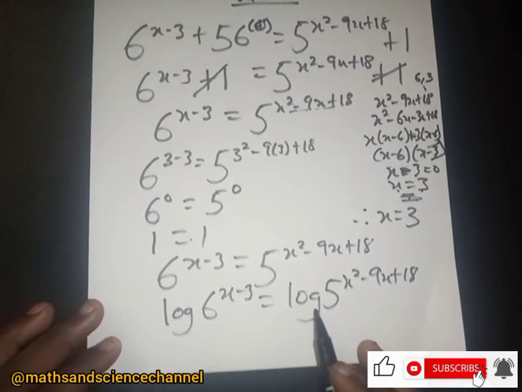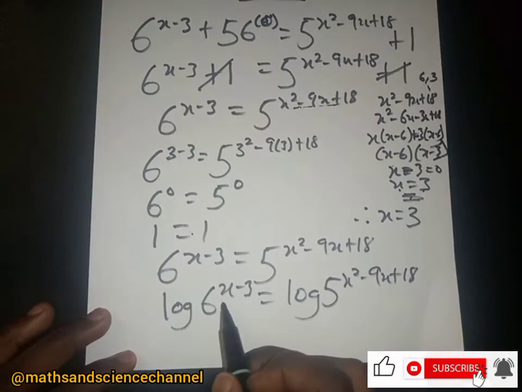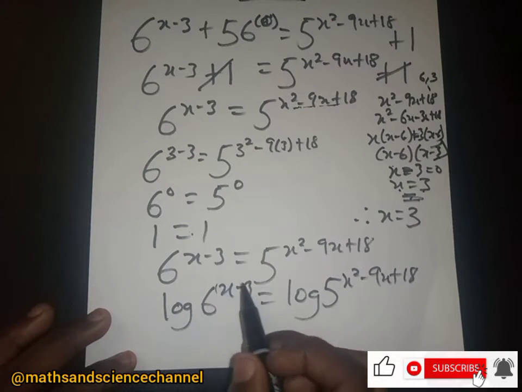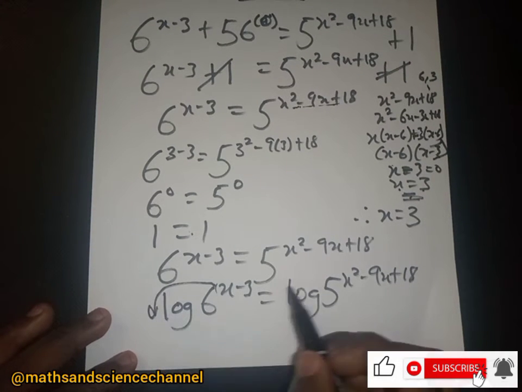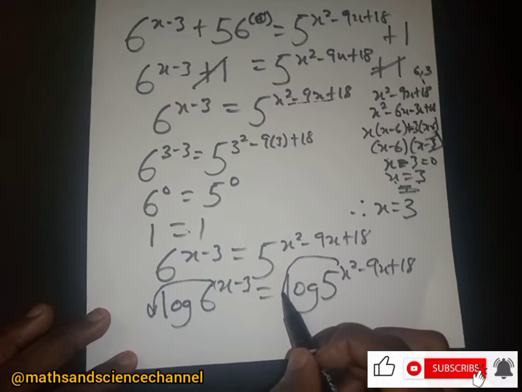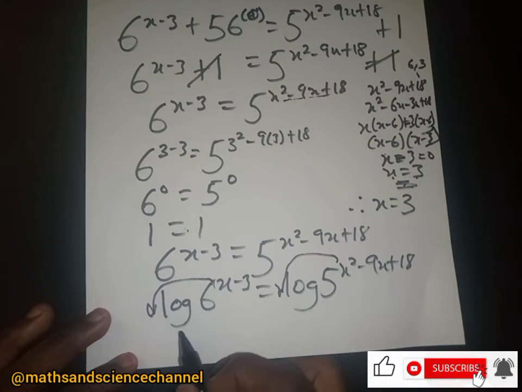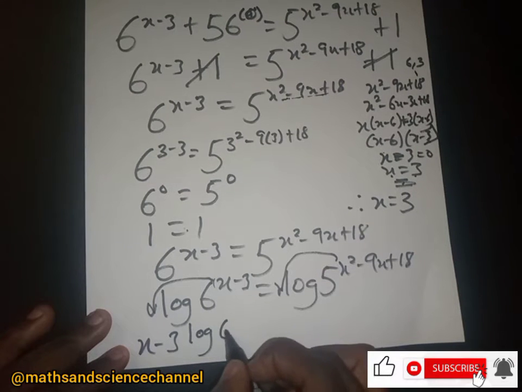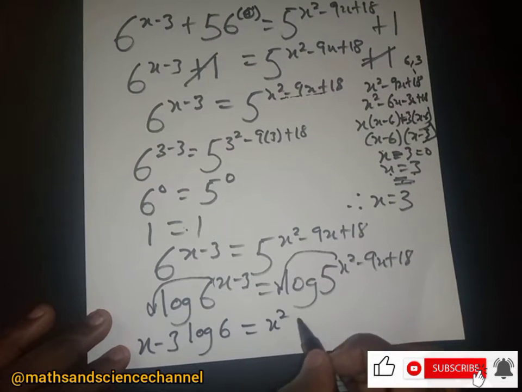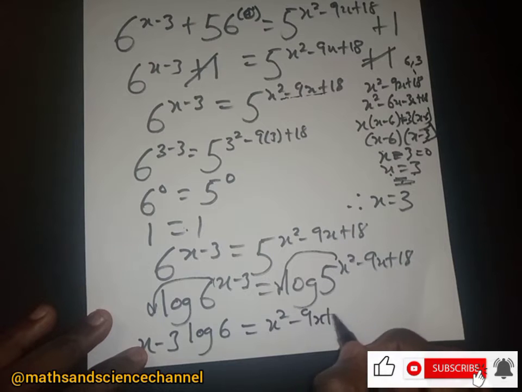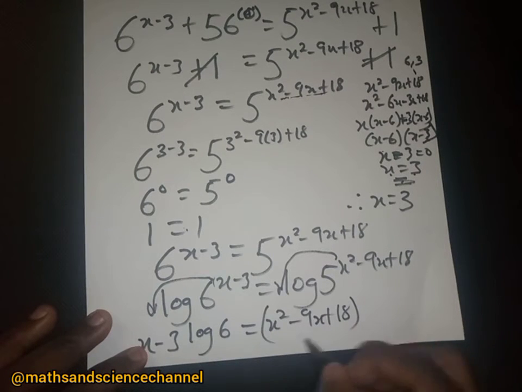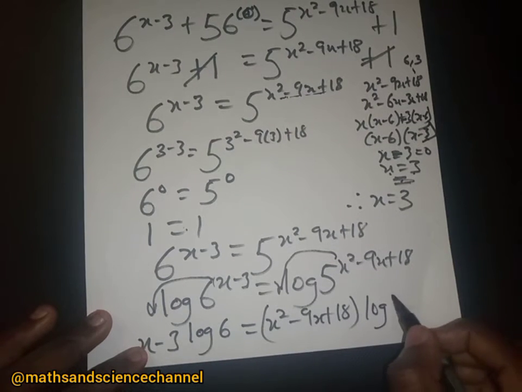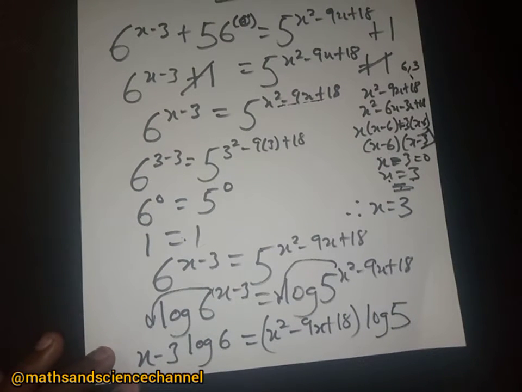With log properties, if you have this exponent, it drops here, and this exponent also drops here. So we have x minus 3 and the log of 6 being equal to x squared minus 9x plus 18, then we are left with the log of 5 here, right?